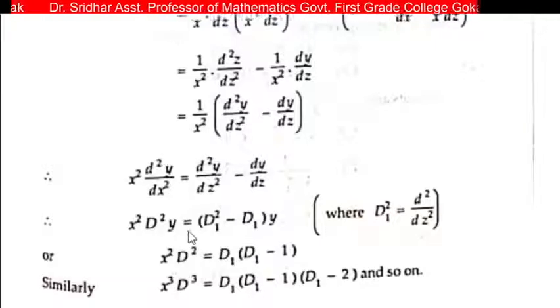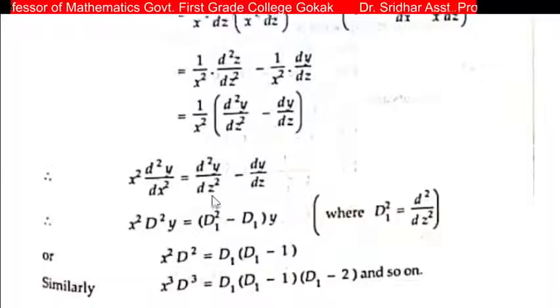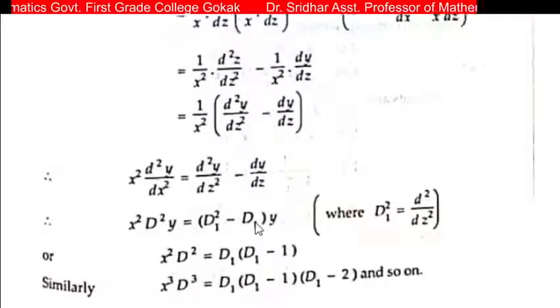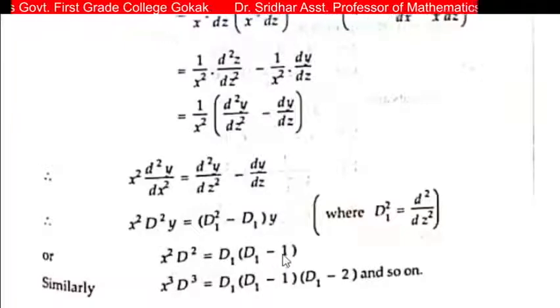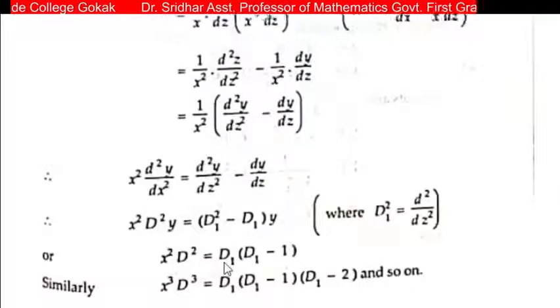So we can write this as x square capital D square into y is equal to, now this is a differential operator with respect to z, so we replace it by D1 square, because dy by dz is D1, d square over dz square is D1 square, minus this D1 into y. Or x square D square equals, taking D1 common, D1 minus 1. So like that we got x square capital D square is equal to D1 into D1 minus 1.